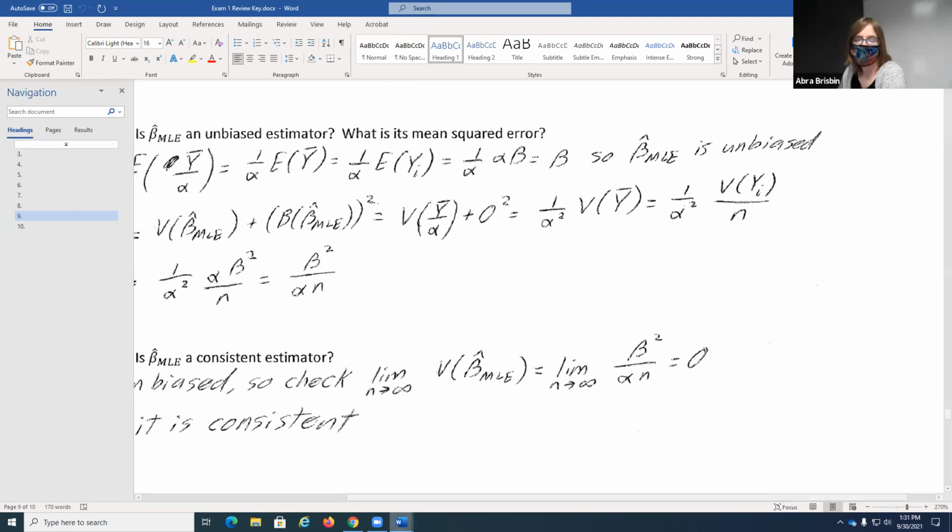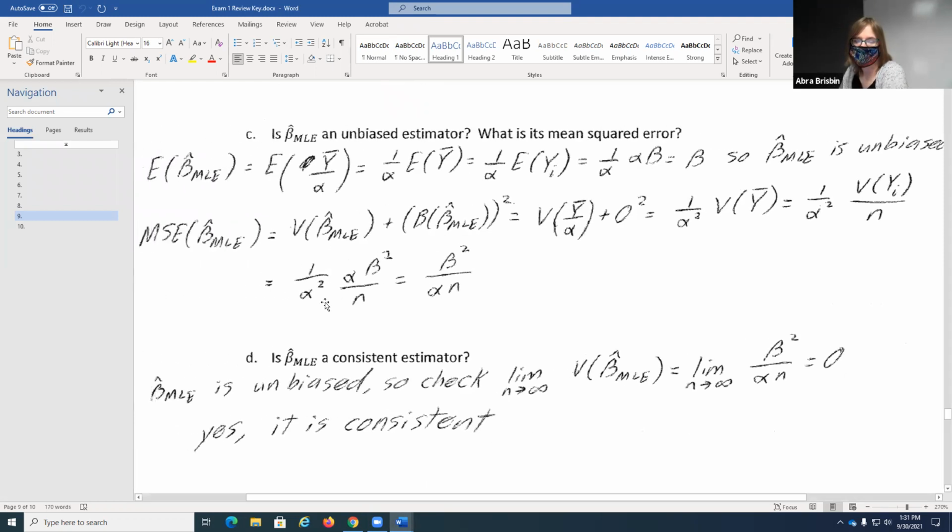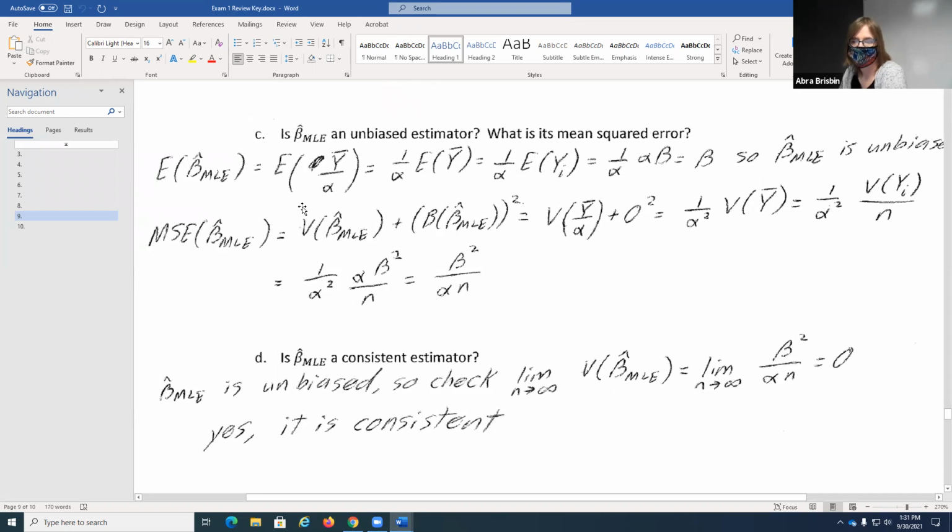So we want the variance of y bar over alpha, which was our estimator. So that was 1 over alpha squared times the variance of y sub i over n. And then we can use facts about the gamma distribution to write in what that variance of the y sub i's is.